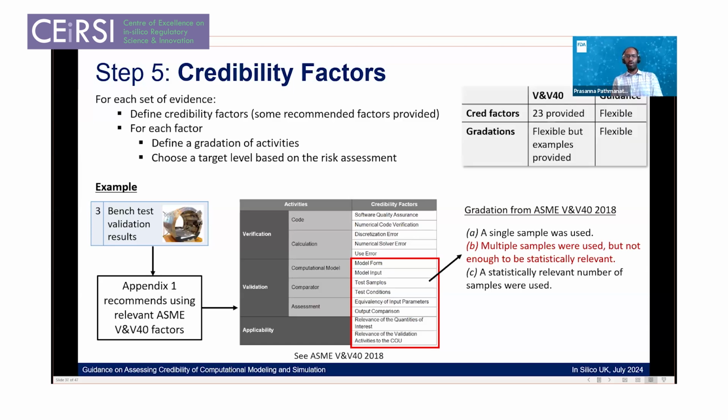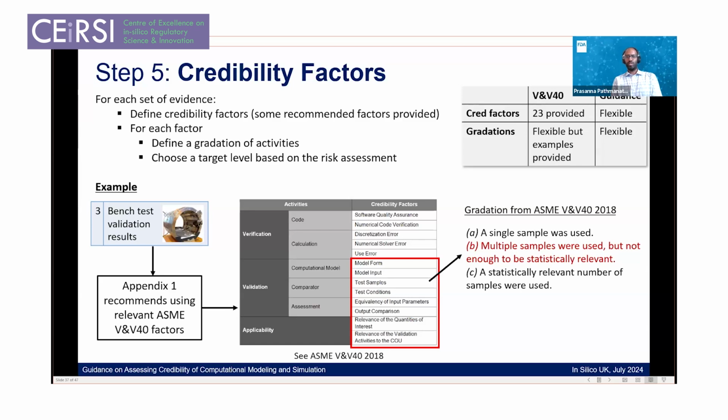So just to summarize the difference between the guidance and V&V40, in terms of credibility factors, V&V40 provides 23 credibility factors. It doesn't really talk, I think, explicitly about modifying the credibility factors or adding new ones. So, as you follow the standard, people often do feel the need to maybe rename.